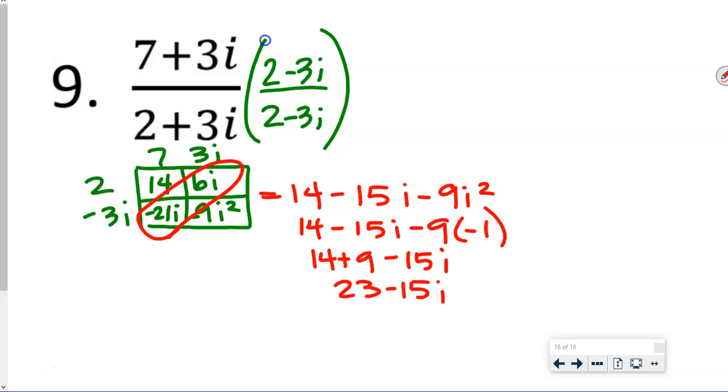That's my numerator, right? 23 minus 15i. Remember my shortcut again.